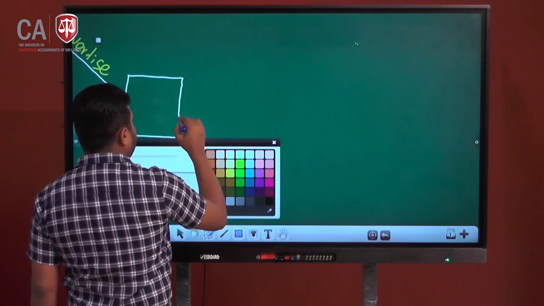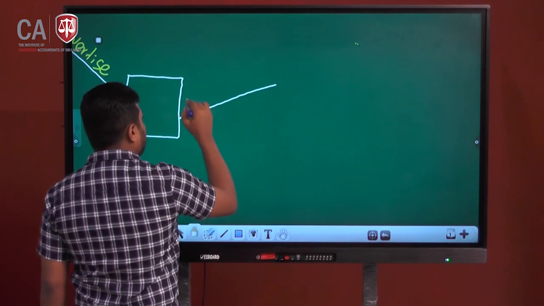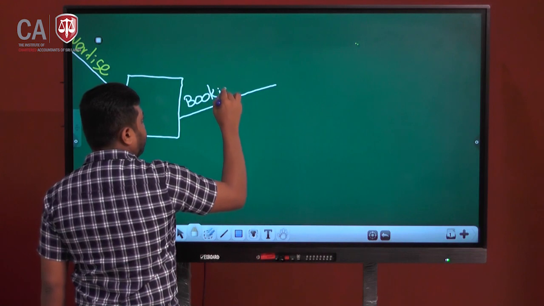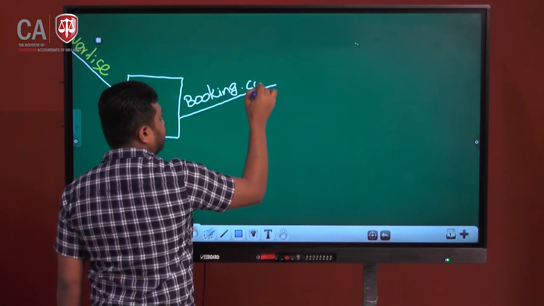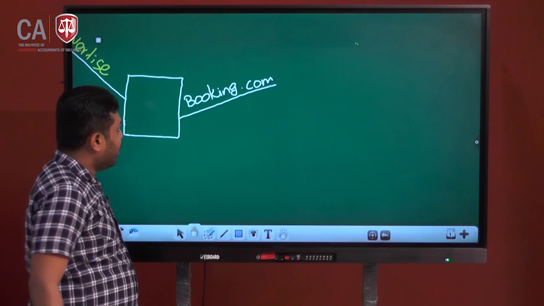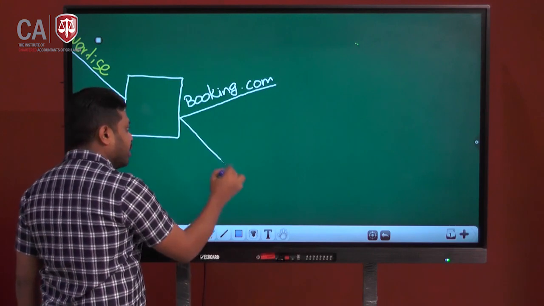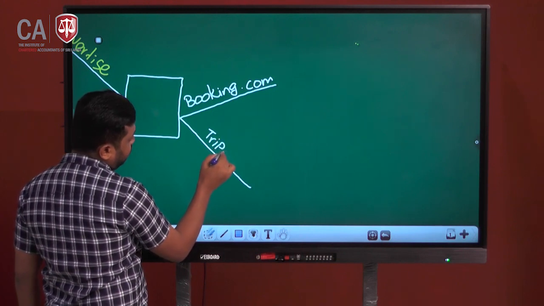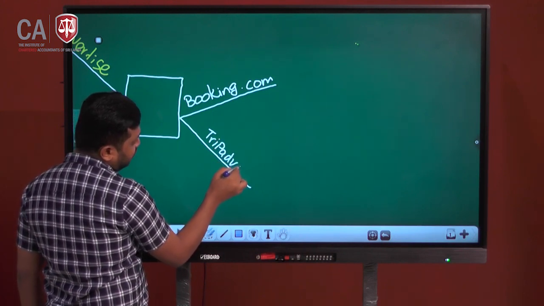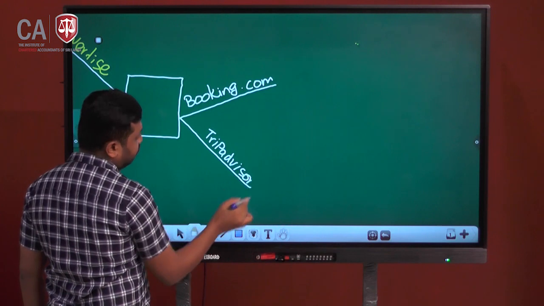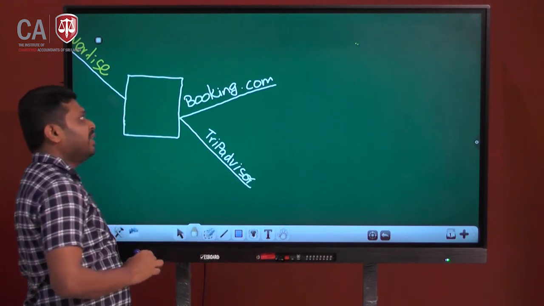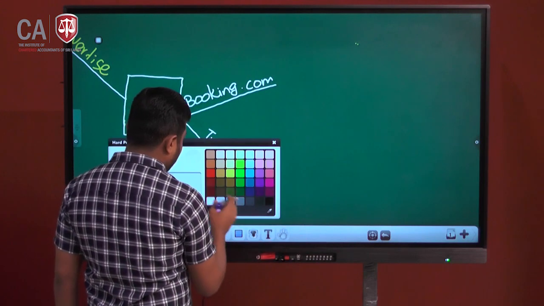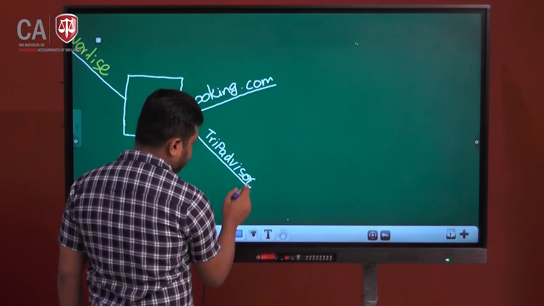One is booking.com, the other one is TripAdvisor. Booking.com or TripAdvisor, you have to make a decision.